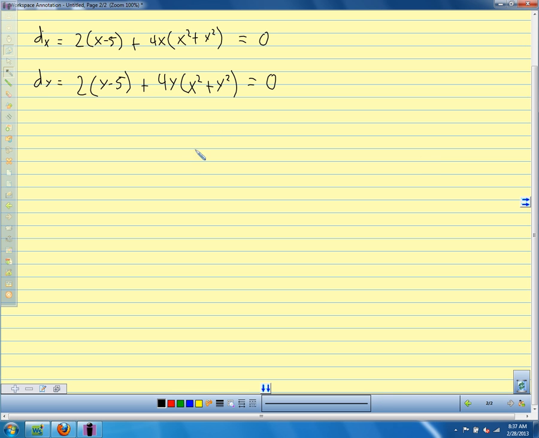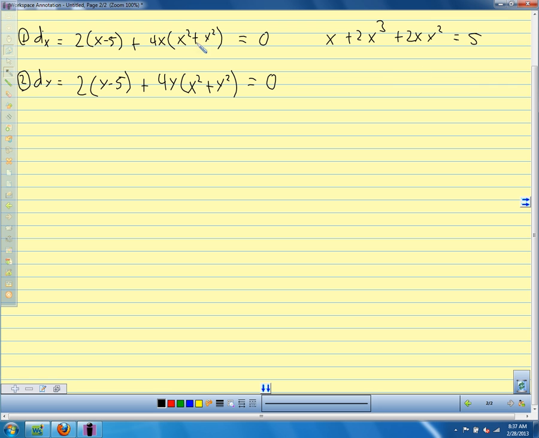So there's what we want. If we simplify our expressions, I'm going to call this equation 1 and this equation 2. If I expand this out, equation 1 simplifies to x plus 2x to the third plus 2xy squared equals 5.